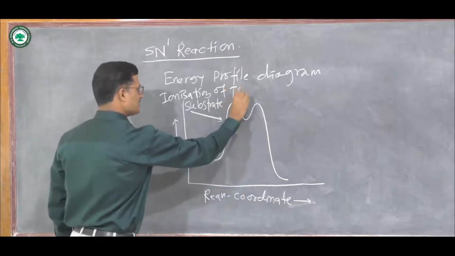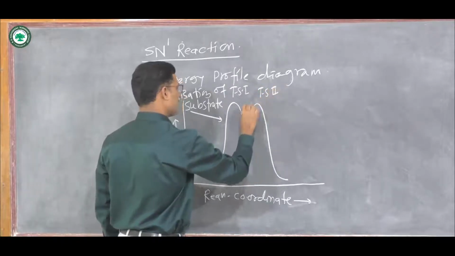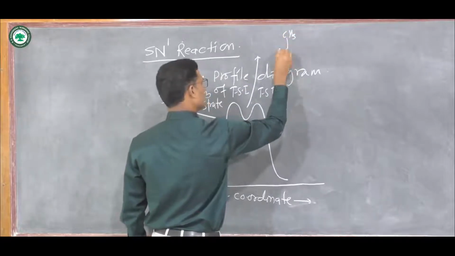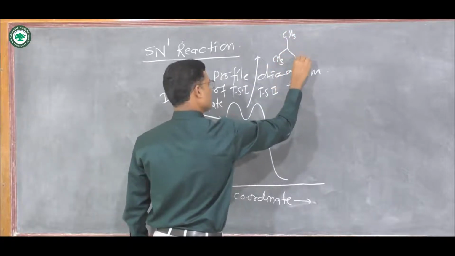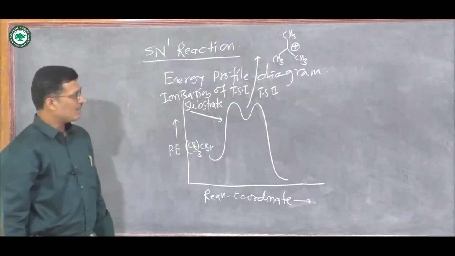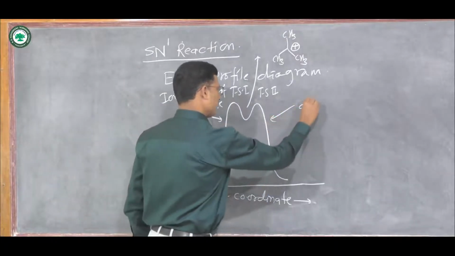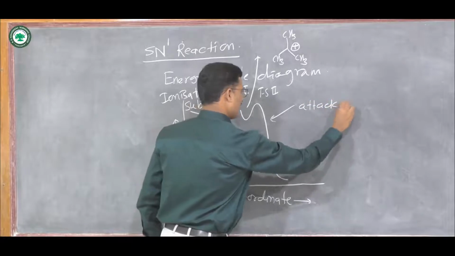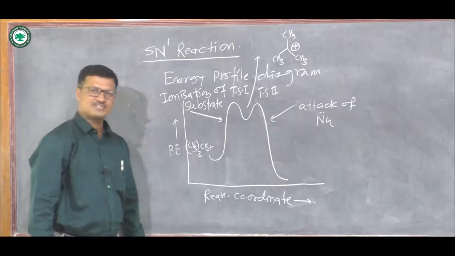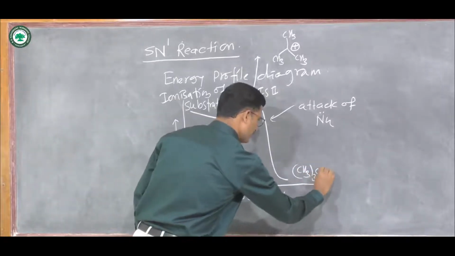Then we get here transition state 1, we get here transition state 2, and here we get the product, that is the carbocation. And once the carbocation formation takes place, then in the next step, attack of nucleophile takes place. And when the attack of nucleophile takes place, then there is a formation of a product.